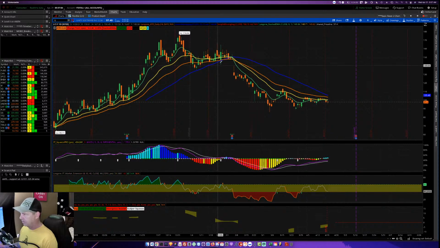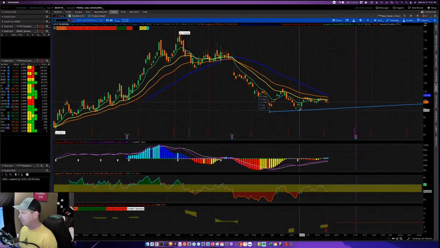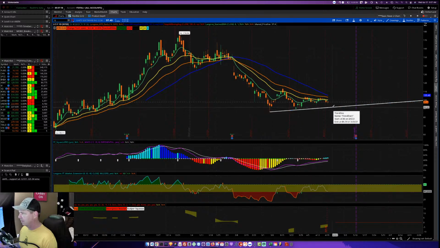On the last earnings, they fell off the face. The earnings before that, they ran up. Looks like we've come down and found a double bottom. We've got trendline support at 90, I'm going to call it 93.